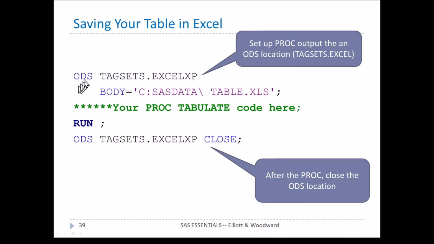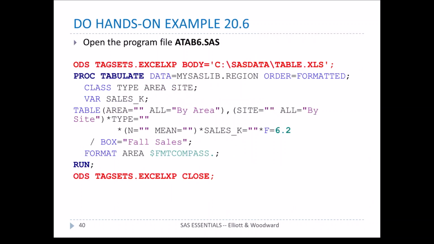It's just like when we said ODS HTML and ODS HTML CLOSE. So that's all we have to do, put that before and after our PROC TABULATE. And here is an example of that. Open up the program file atab6.sas, and we see that we've done that, where we created the ODS statement above here, and we have the ODS statement down here, and between those, we have a PROC TABULATE statement.